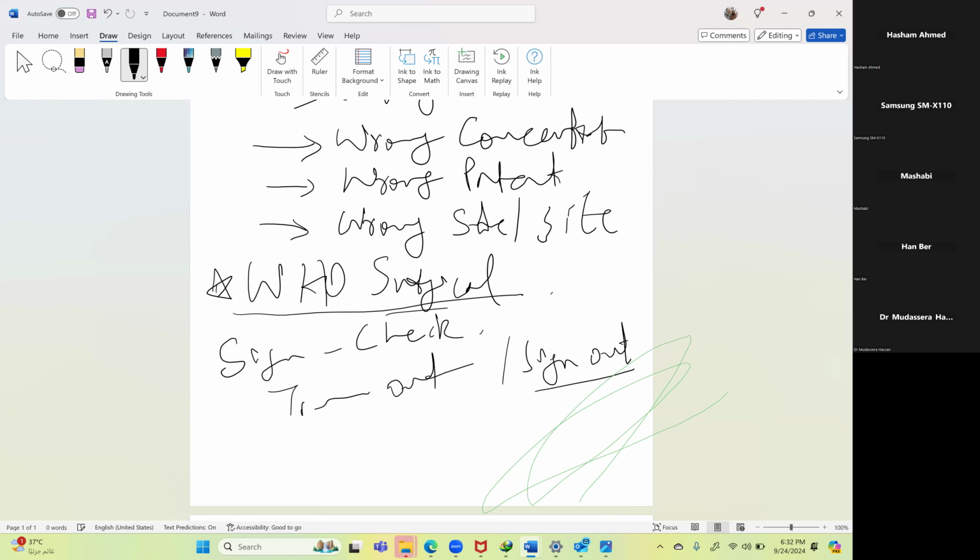So not only will you inform anything special you need, any concerns, and at the time of sign out you will be telling the expected post-operative course, whether the patient is going to ICU or HDU or anything you require.